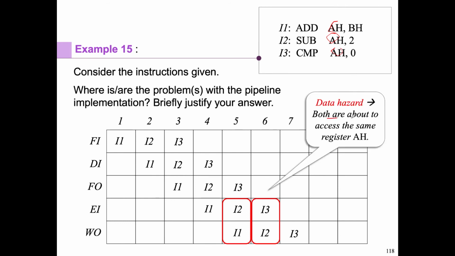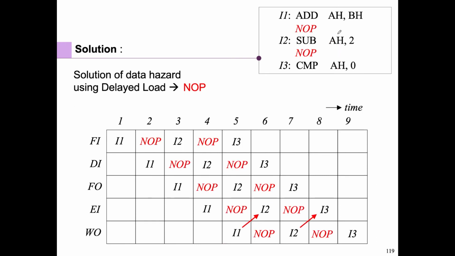The data hazard, both are about to access the same register AH. Solution for your data hazard using delayed load, you need to use NOP. So you have the instruction with AH, BH, and then you need to stop it first before you proceed to I2, which is SUB AH with the value of 2. And lastly, your CMP AH, 0.